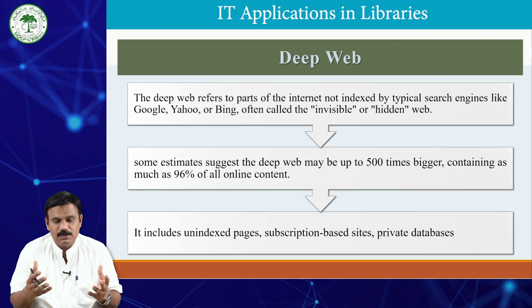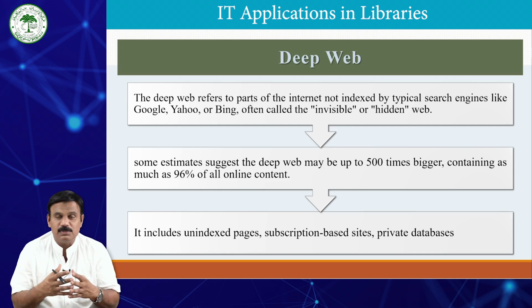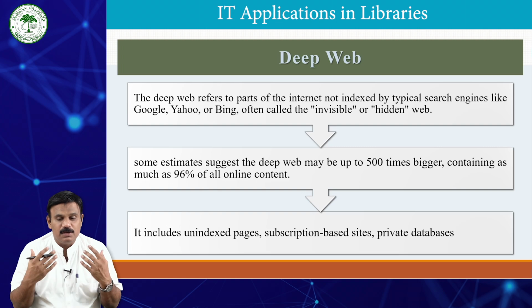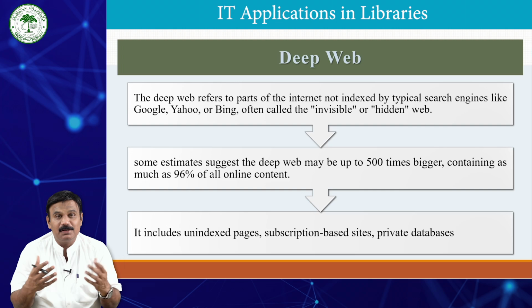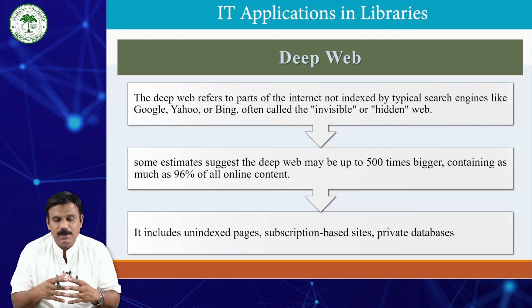This type of content which is not indexed by these major search engines, we call invisible or hidden web or deep web. Another fact is that it is estimated that the deep web may be up to 500 times bigger, and contains as much as 96% of all online content.